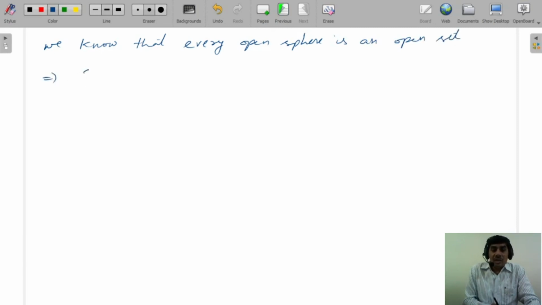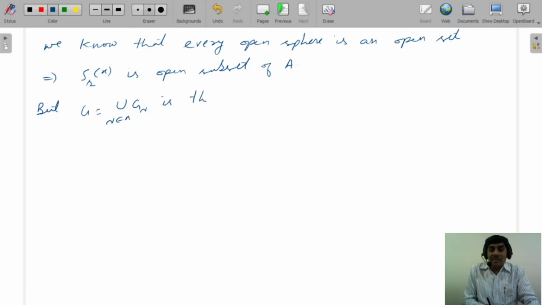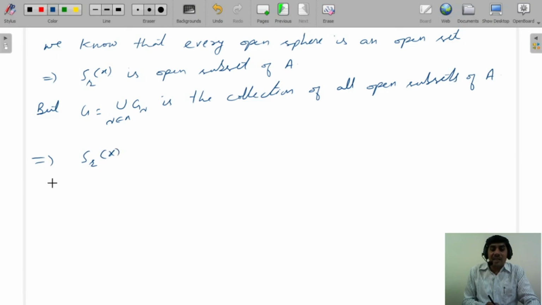This implies the sphere centered on x with radius r is an open subset of capital A, but G, the union of G_lambda, is the collection of all open subsets of A. This implies the sphere centered at x with radius r is contained in G.